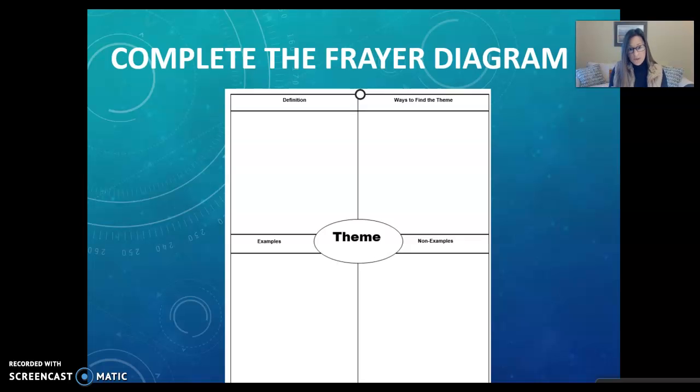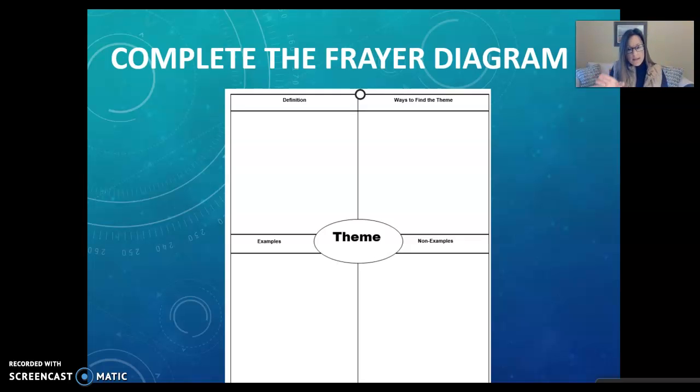So what we're going to do first is we're going to complete a Frayer diagram. You may have done this in other classes. We have not done this yet in language arts. A Frayer is where you take a topic and we're going to look at the definition, and I kind of adjusted this a little bit rather than characteristics. The ways, the methods that you can use to find the theme.